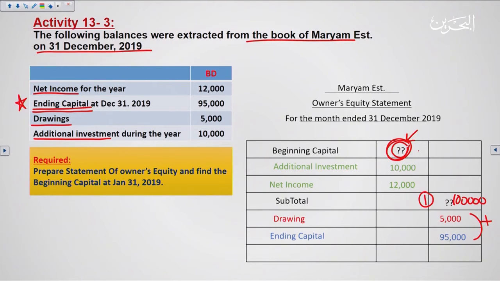Then, to get this amount, first I have to add these two figures, which is equal to 22,000 BD. Now I have to calculate the beginning capital by subtracting these two figures to get this amount, which is 78,000 BD.